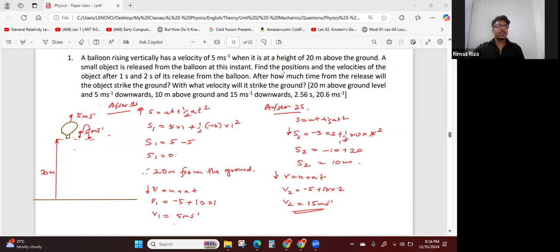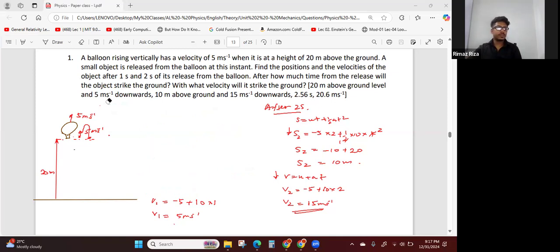Okay. After how much time from the release will the object strike the ground? So if you are done writing this, I can erase this. I assume you are done. Then I can use downward s equals ut plus half at squared.